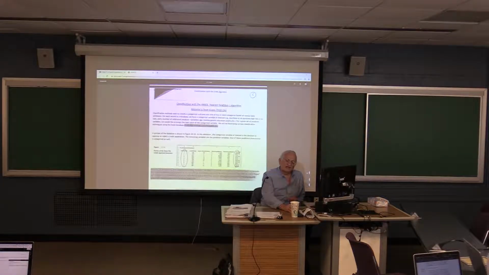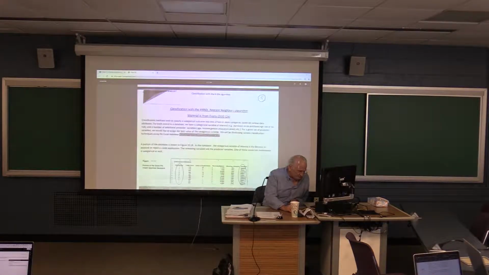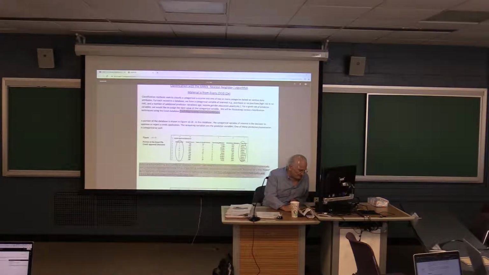Sometimes you may not even need to use software to create a new business rule. Algorithms are business rules, okay? So this is from the Evans book, and you have this data file.